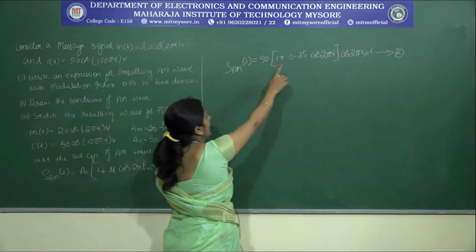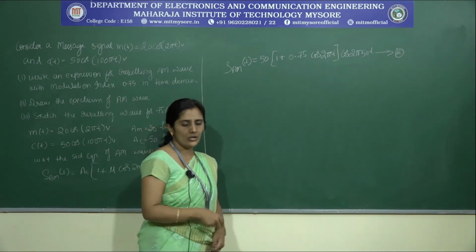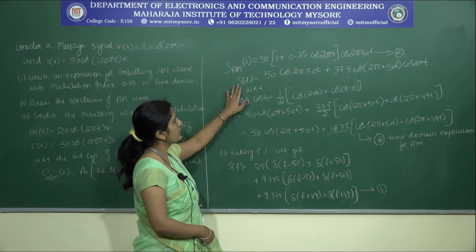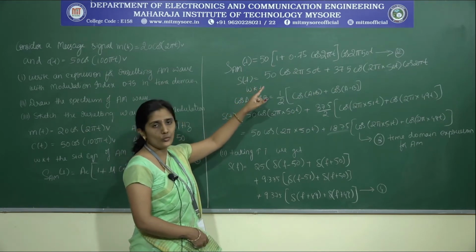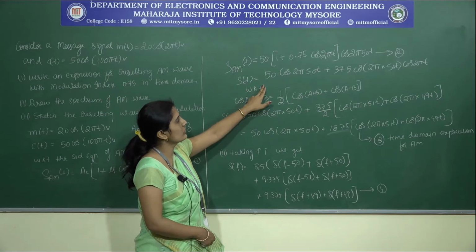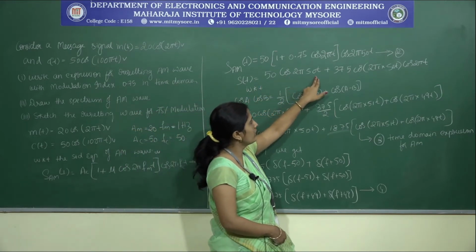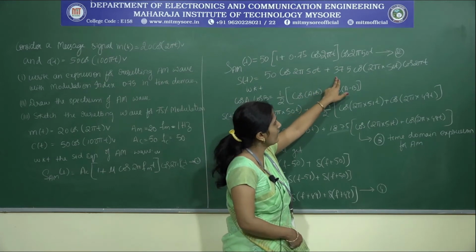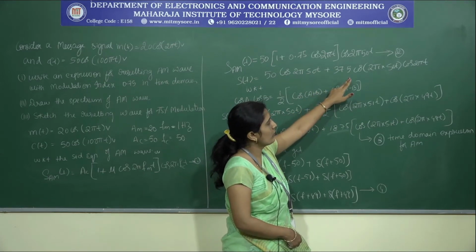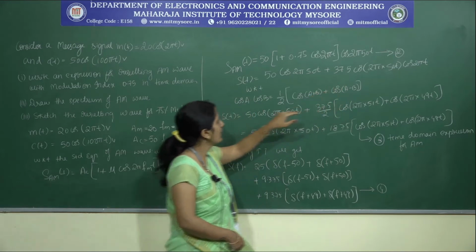Now when we multiply this, we get the equation. After multiplying s of t with respect to cos 2 pi 50t, we get 50 into cos 2 pi 50t plus 37.5 into cos 2 pi 50t into cos 2 pi t.